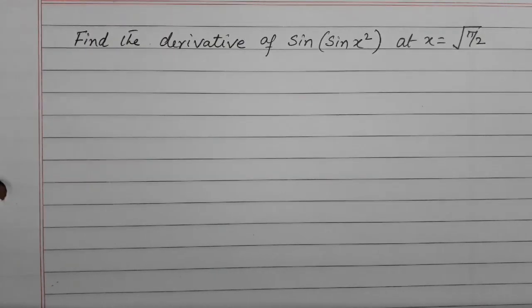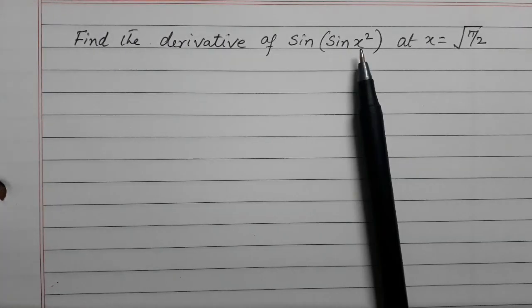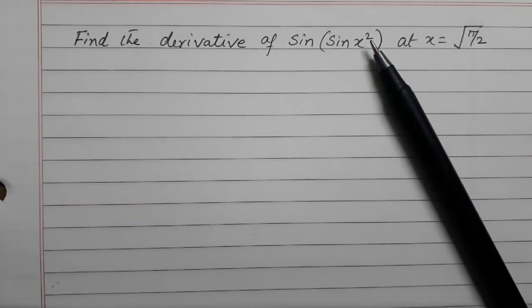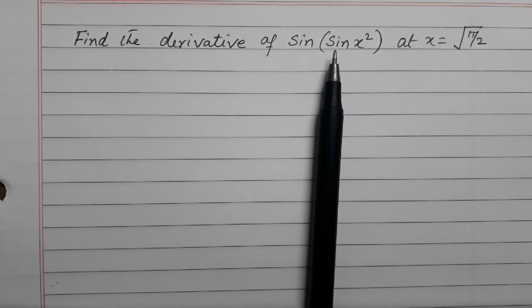Now for example, let us find the derivative of sin(sin x square) at x equals root pi by 2. Here we can see that on x, the square function is operating and it is making x into x square. Then the sine function is operating on x square, making it sine of x square.